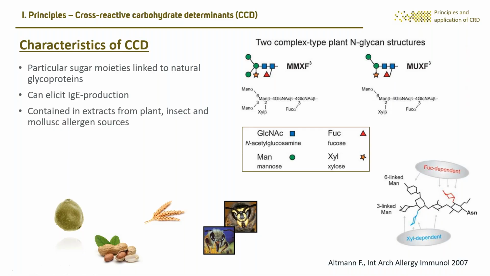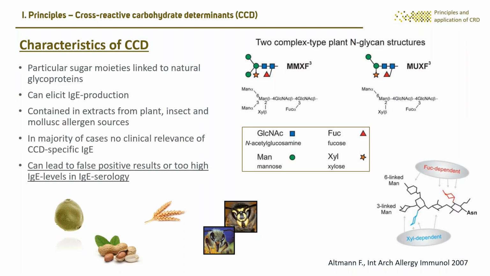So, as I said, they can induce IgE production, but the drawback is that these IgE specific to these sugar patterns are clinically completely irrelevant in 99.9% of cases. In very rare cases, these CCD-specific IgE can trigger symptoms, but in the vast majority, they are completely irrelevant.